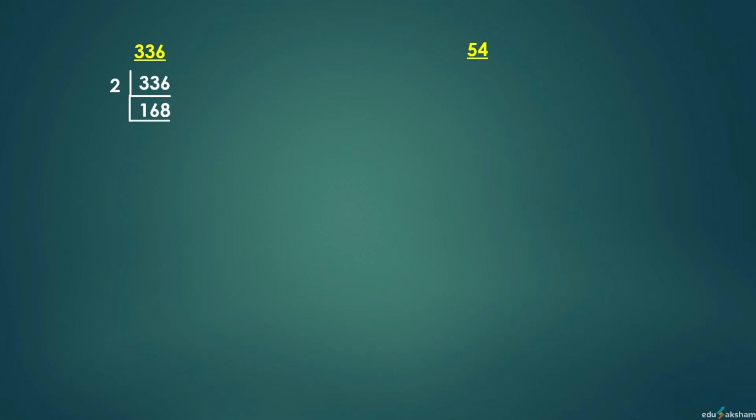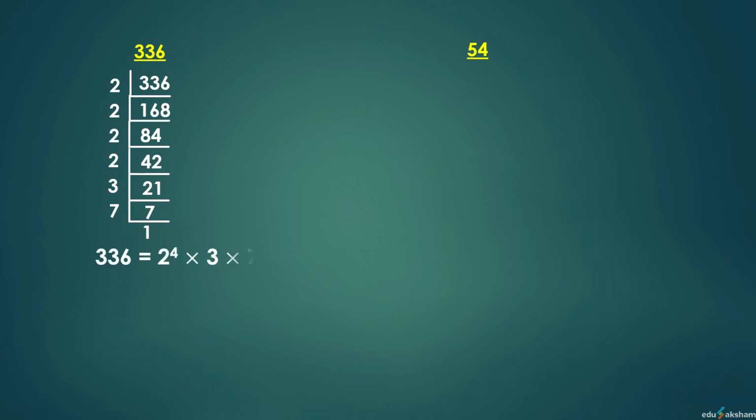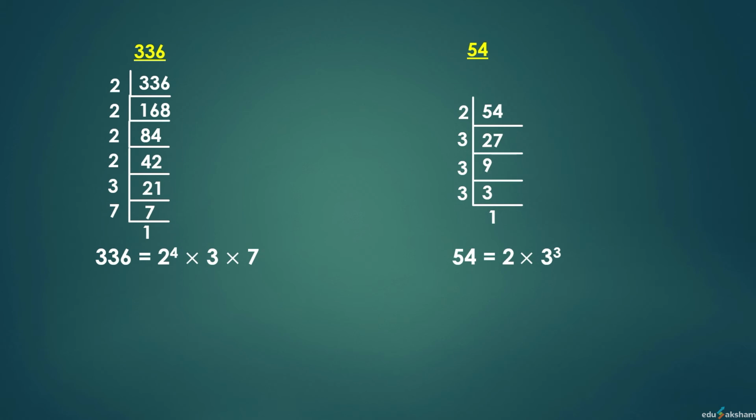The prime factors of 336 will be 2, 2, 2, 2, 3 and 7, and therefore 336 can be represented as 2 to the power 4 into 3 into 7. The prime factors of 54 are 2, 3, 3 and 3, and hence 54 can be represented as 2 into 3 cubed. The HCF is the smallest power of each common prime factor in the numbers.